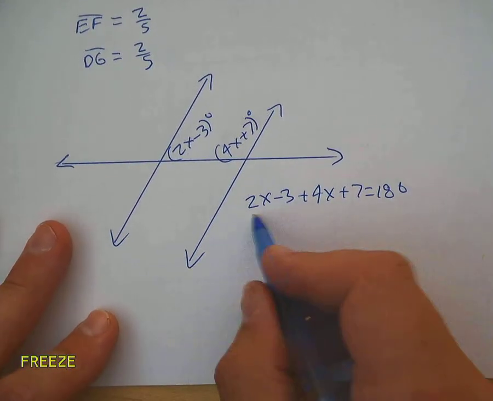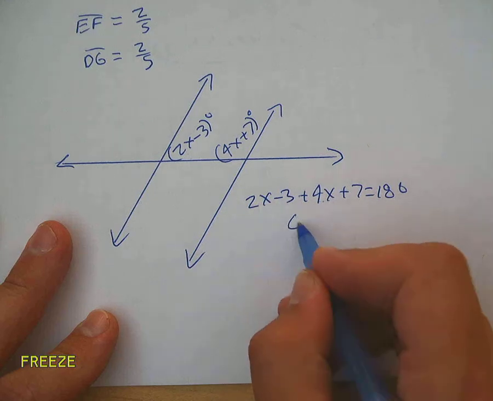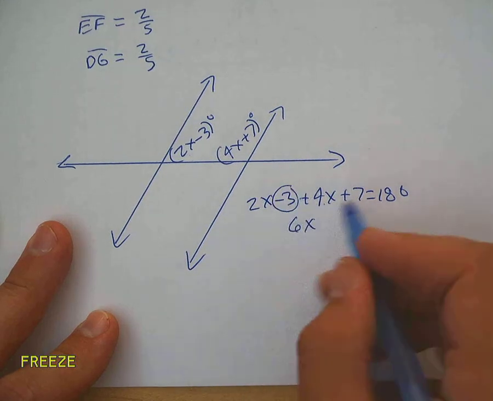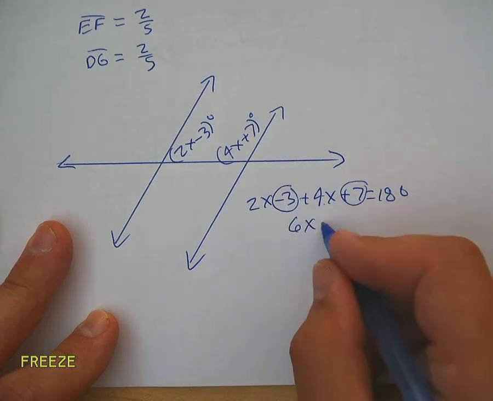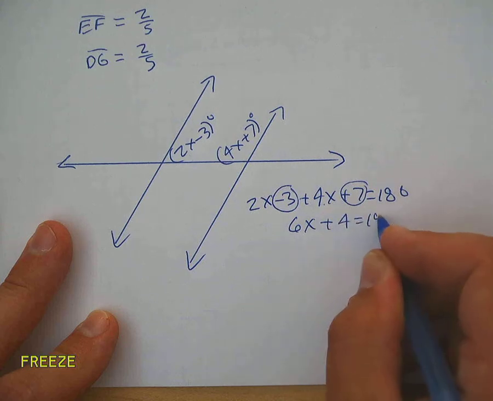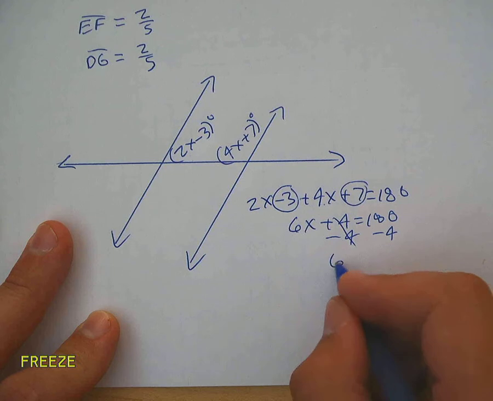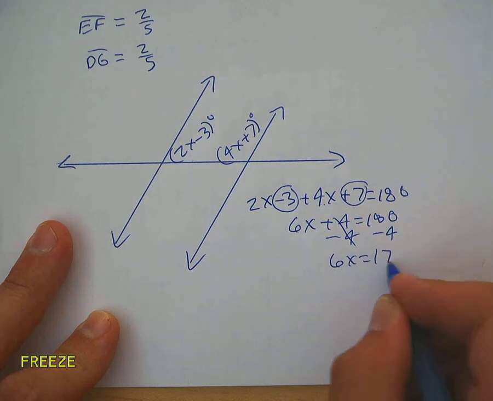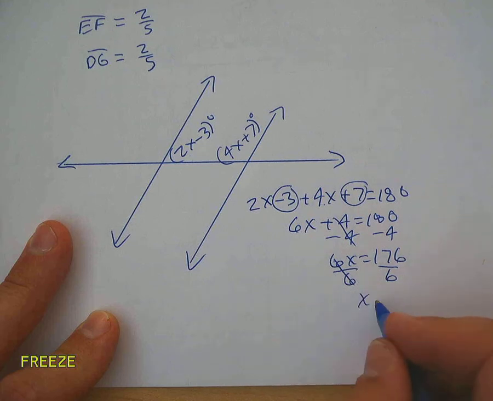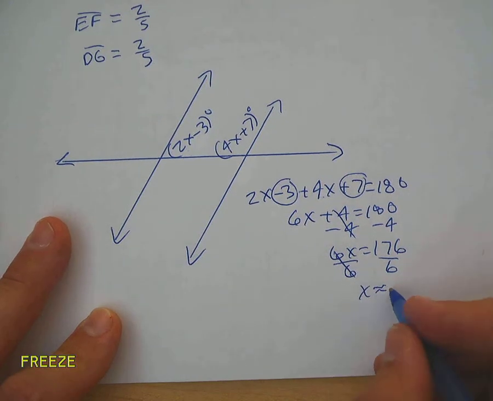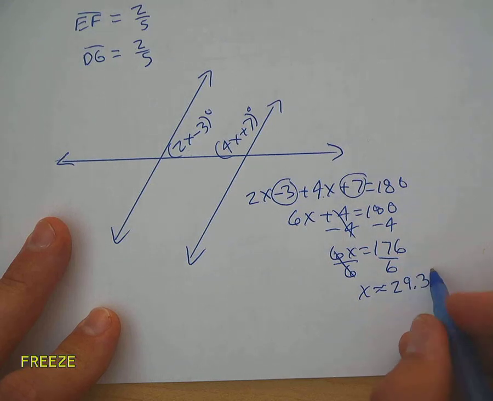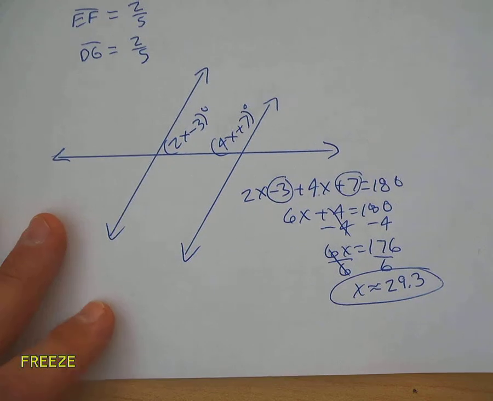And then I solve. So add the x's together. I have 6x. Add the 3 and the 7. I get plus 10 equals 180. Subtract 10 from each side. I'm left with 6x equals 170. And divide by 6, and I get my answer. It's going to be, let's see, 28.3 approximately. If I'm wrong, that's a donut point.